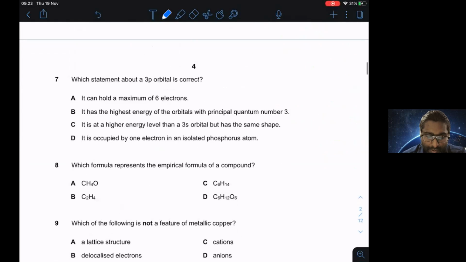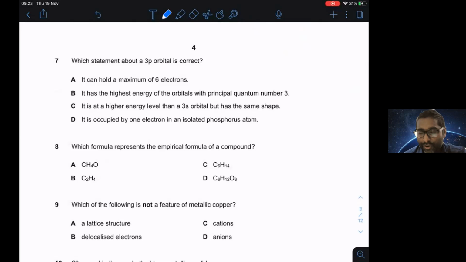Next question. Which statement about 3p orbital is correct? Do remember 3p. These are 3p, and they have 3 orbitals, so the subshell can hold a maximum of 6 electrons.